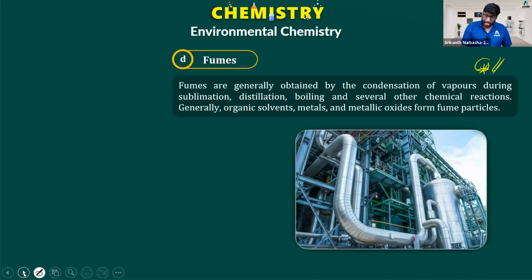Wherever you have sublimation or distillation plants, there you will generally have more fume formation. The fume particles are formed where condensation of vapors is happening. Is that clear, students, so far?